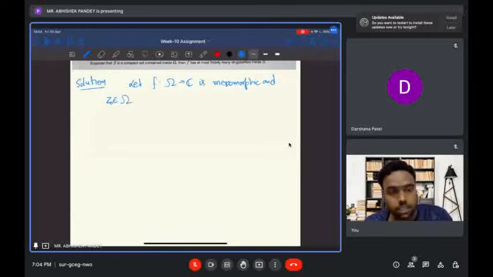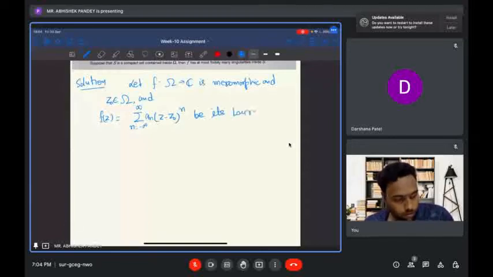So f(z) has a Laurent series expansion. f(z) can be written as a sum of a_n times (z minus z naught) to the power n, its Laurent series expansion about z equals z naught.